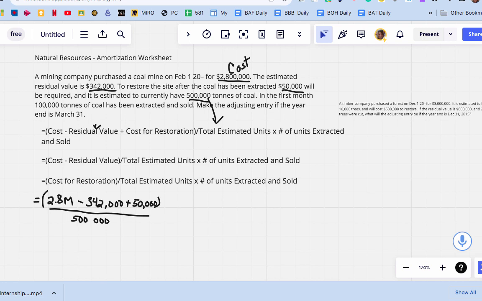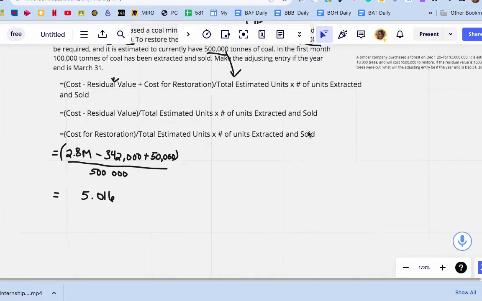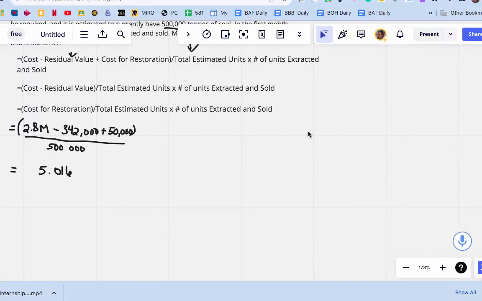Okay, so when we do that math, remember our order of operation. So we're going to do everything in this bracket first, and then we're going to divide that by 500,000. We're going to get a rate of 5.016. In units of activity, we have to multiply the rate we get by the number of units that were used in that year.